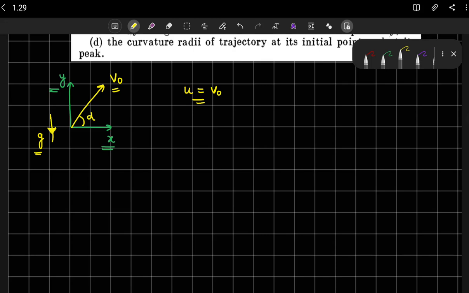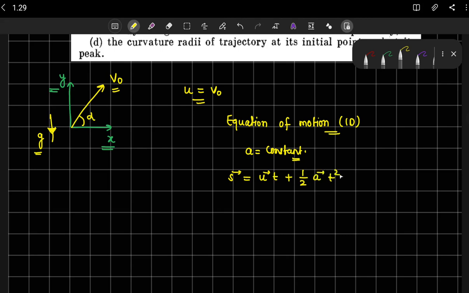Now if we talk about the equations of motion in 1D, let us say the acceleration is constant, then we have three equations of motion. First, displacement is equal to initial velocity into t plus half into acceleration into t square.